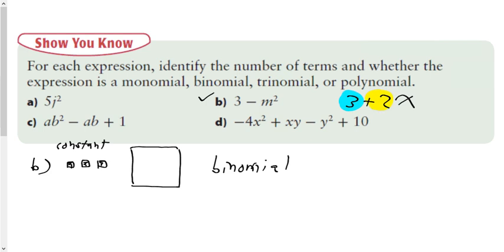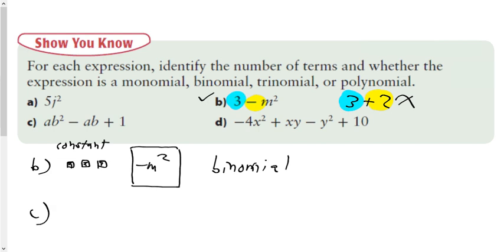Going back to this one, your constant is 3. What is your coefficient here? Is it 1 or negative 1? Negative 1. I know that because I drew it as a negative m squared algebra tile, so my coefficient is negative 1, or the opposite of m squared.